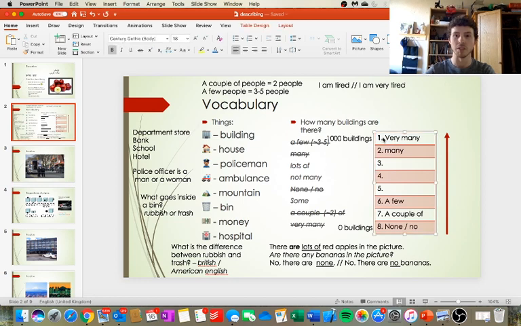I think these numbers are confusing. Or are they confusing? Maybe they're confusing. Okay, I'll keep these, but I'll say so this one is like 20 buildings.